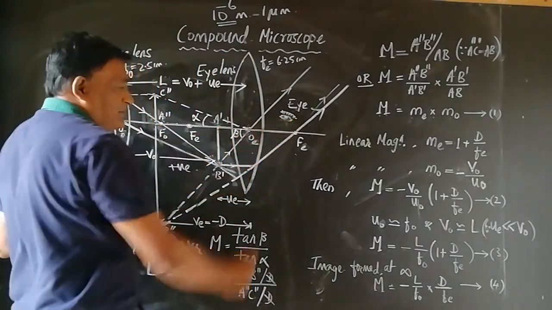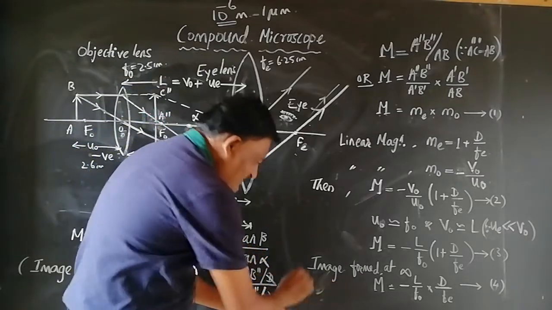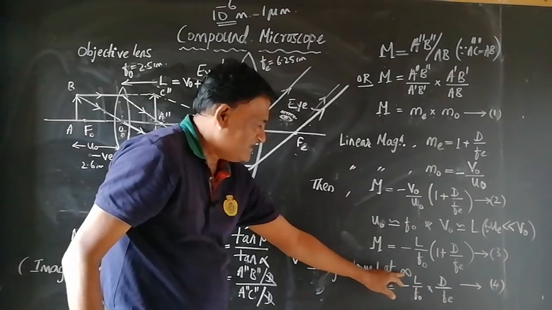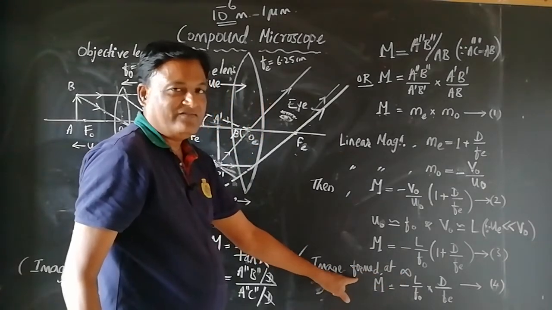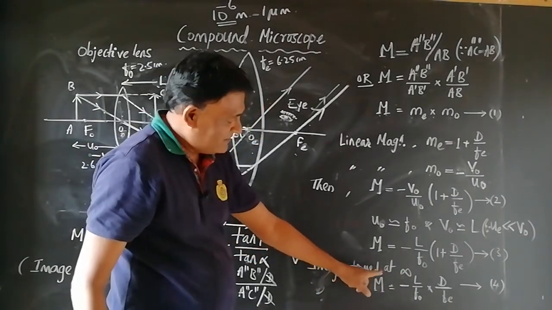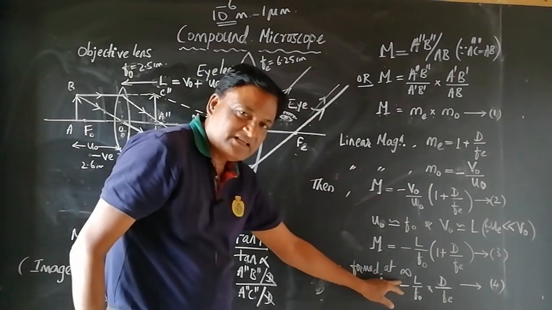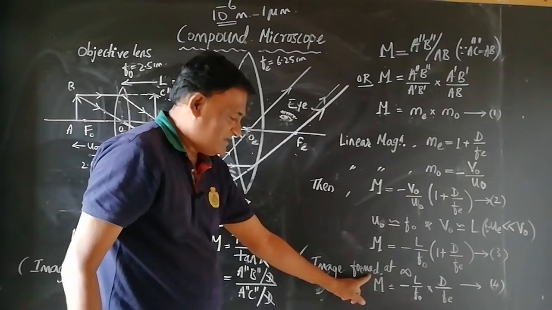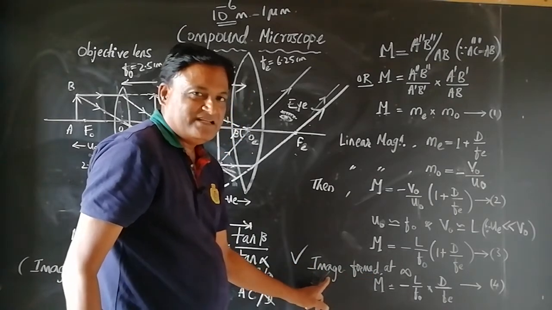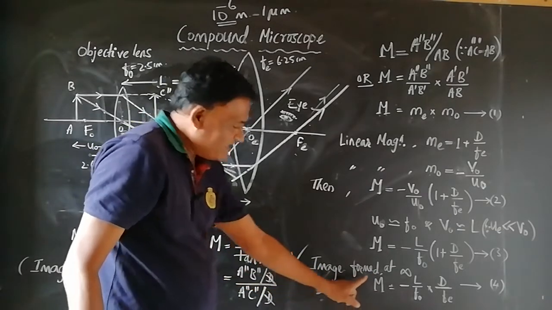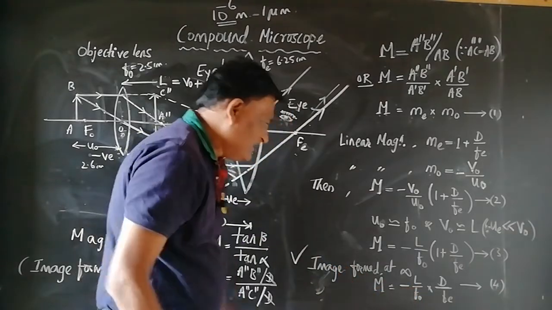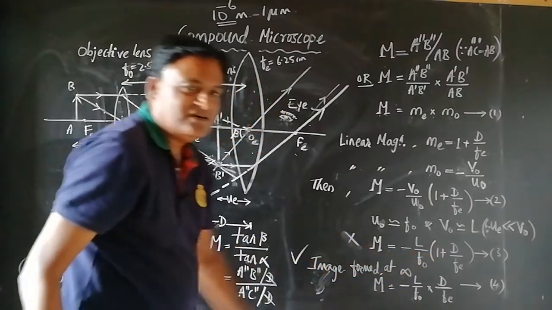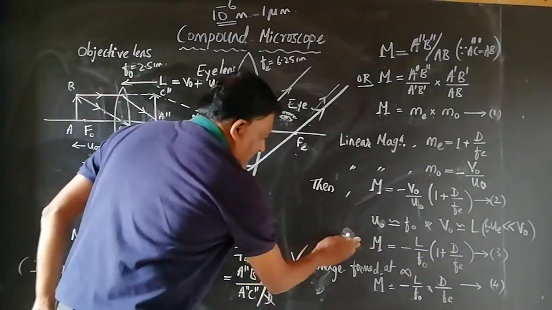The experimenter prefers this particular case, final image being formed at infinity, since he has to gauge his sight on the final image formed at infinity, there won't be any strain on the eyes of the experimenter or observer. That's why he prefers the second case, final image formed at infinity, instead of the image forming at the least distance of distinct vision.